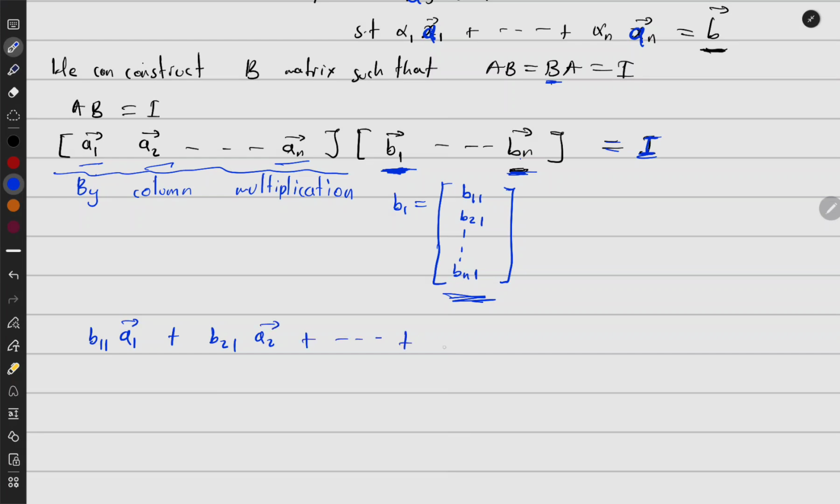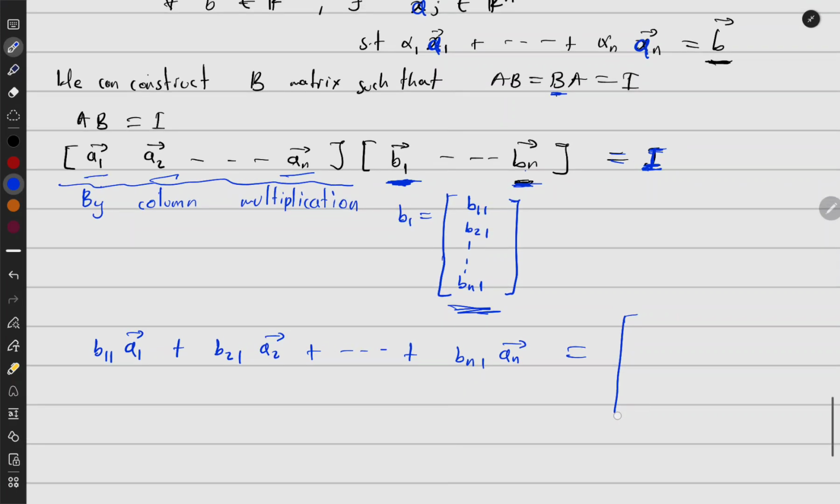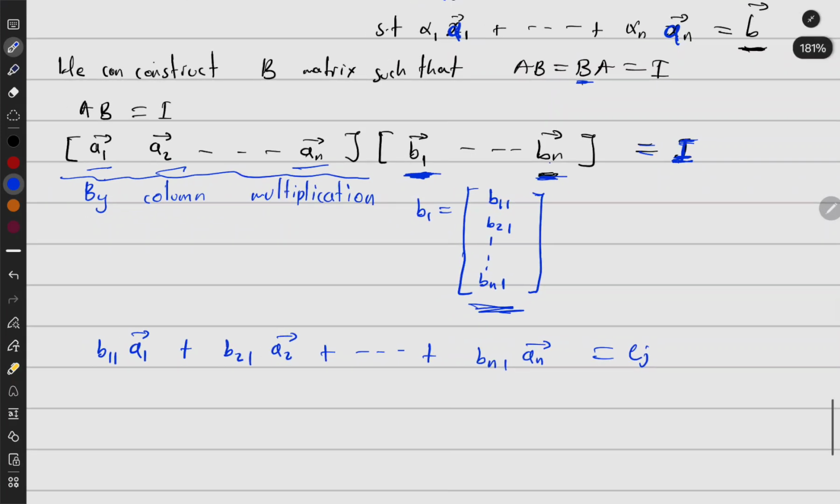I will continue in that way up to Bn1 multiplying with An, and this will just give us a single column in I. I can call it Ej, and this Ej is equal to 0 up to some.